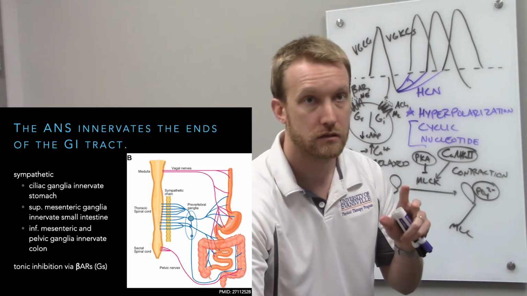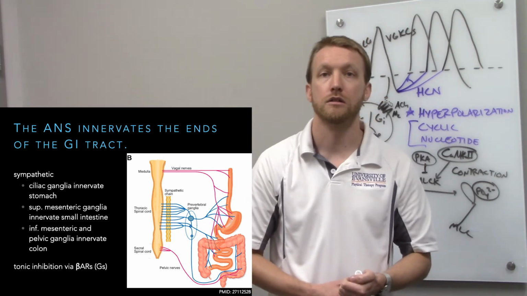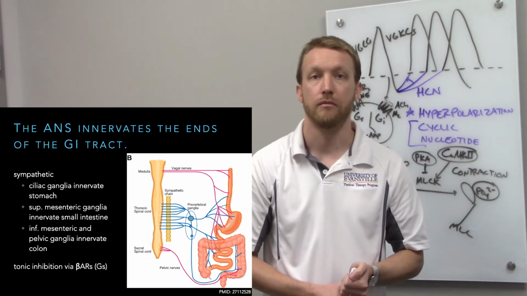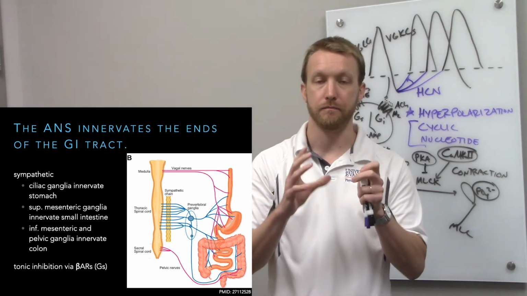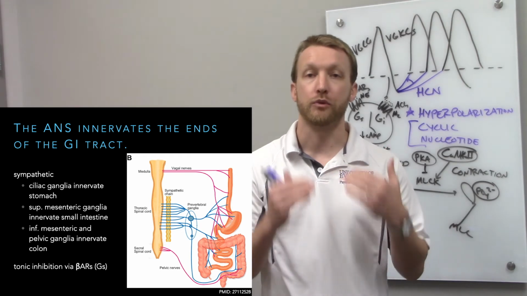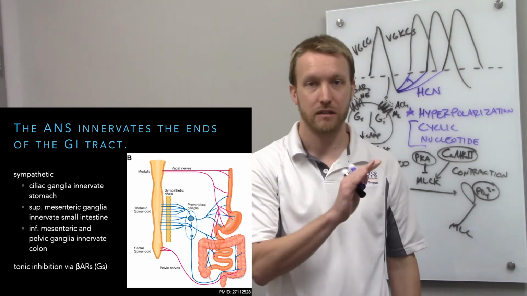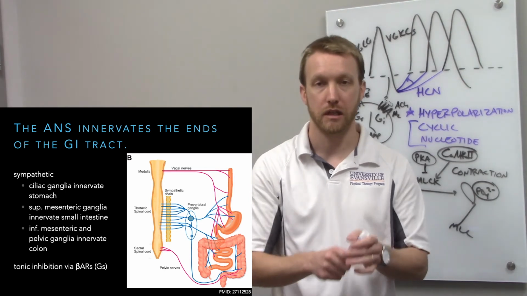Sympathetic input largely derives from the celiac and mesenteric and pelvic ganglia. So those prevertebral ganglia, not the paravertebral ganglia, so not the sympathetic chain.